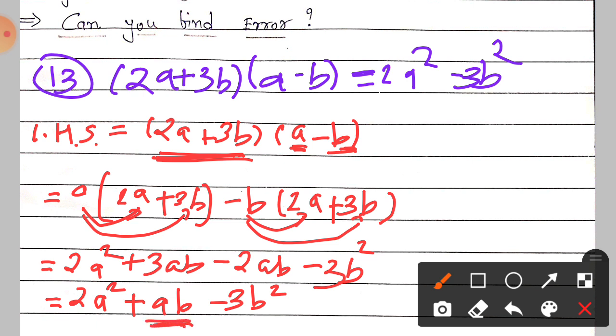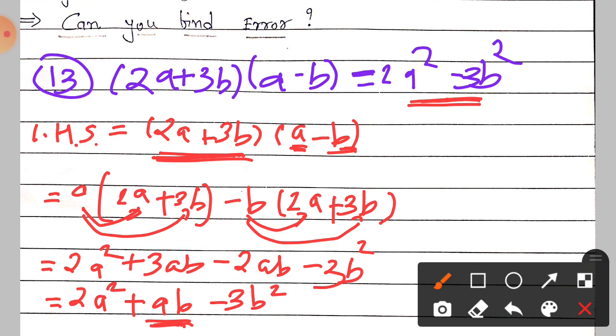It means plus ab is missing in this statement. So you have to write the conclusion statement: the correct statement is 2a plus 3b into a minus b is equal to 2a square plus ab minus 3b square. Correct? I hope you understand how to write the final answer of this question.